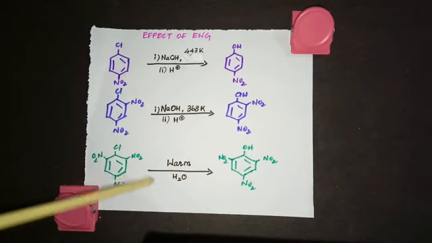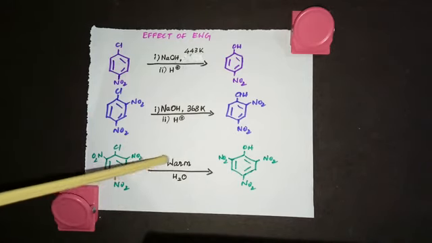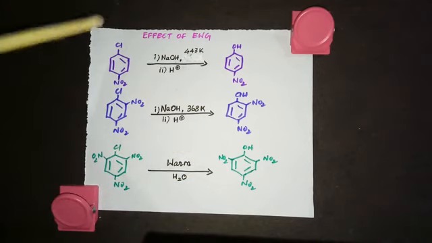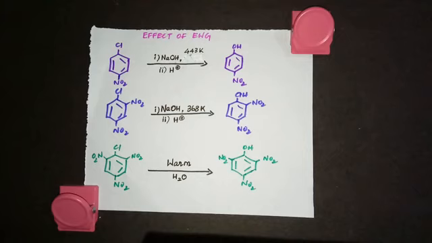Here I don't need any temperature or catalyst, just warm it with H2O. This chlorine is replaced by OH. So from these examples, it is very clear that electron withdrawing substituents at ortho and para position will enhance the reactivity of chlorobenzene towards nucleophilic substitution reaction.